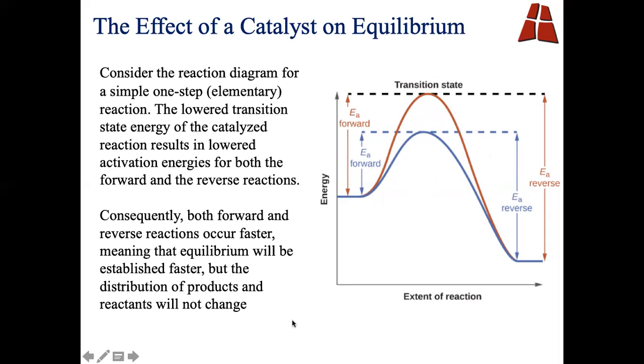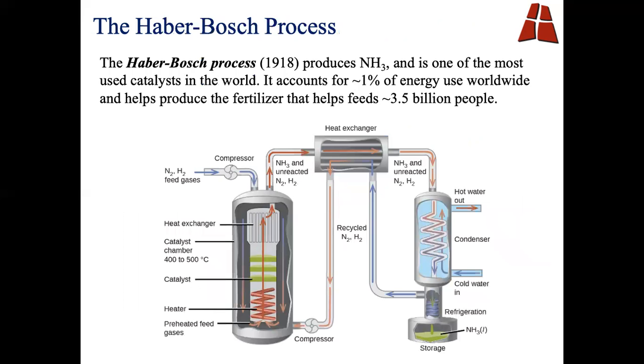But the key point here is that the distribution of products and reactants will not change. And so a catalyst is very important for having a lot of reactions go fast, but again, it will not affect the final concentrations at equilibrium of our reactants or products, okay?